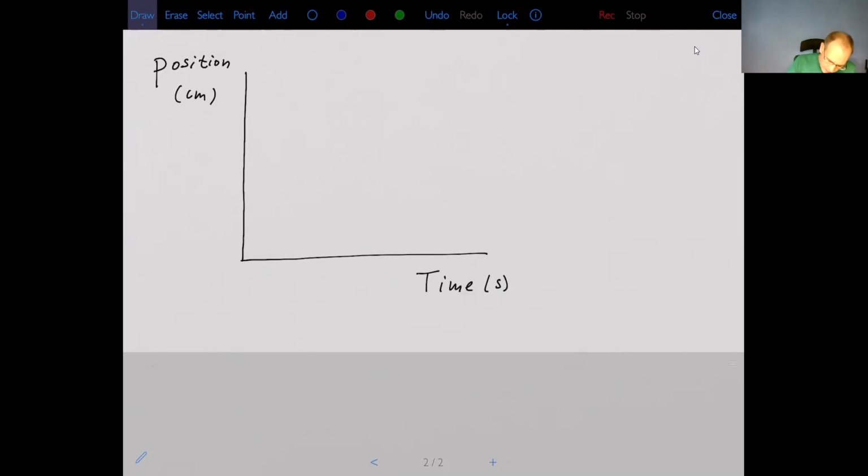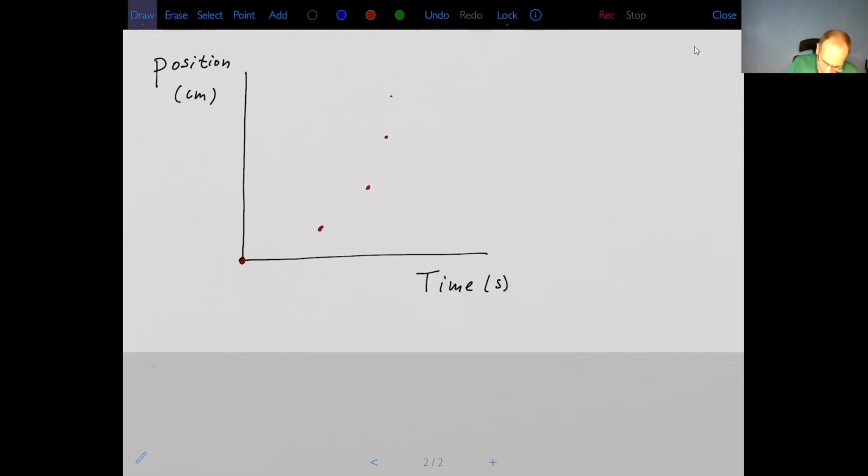Make sure you include 0, and the question is, what does this look like? Well, think about it. This is an object that is accelerating, so its velocity is increasing. That means the slope of the position versus time graph must be increasing. So if the slopes are increasing over time, think of downward as being positive. We're calling the downward direction positive. So the slopes are going to be increasing over time. So this should look something like this. So let's say these are my data points.